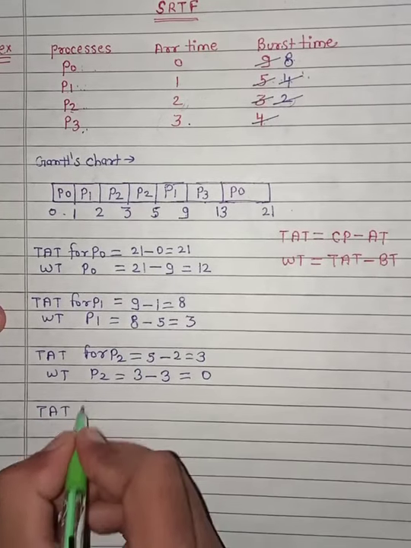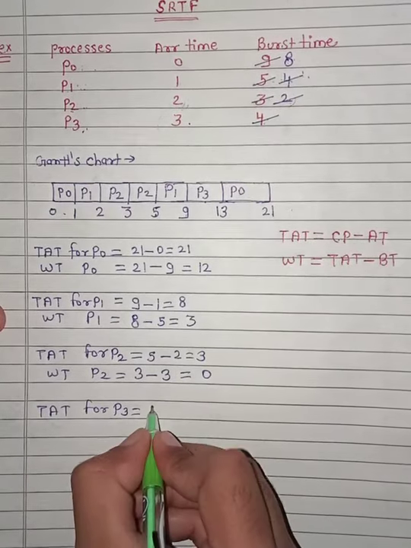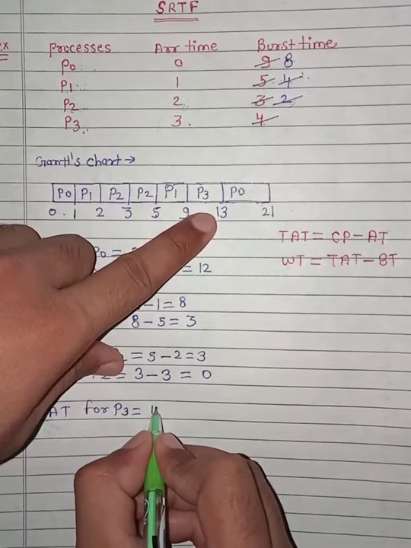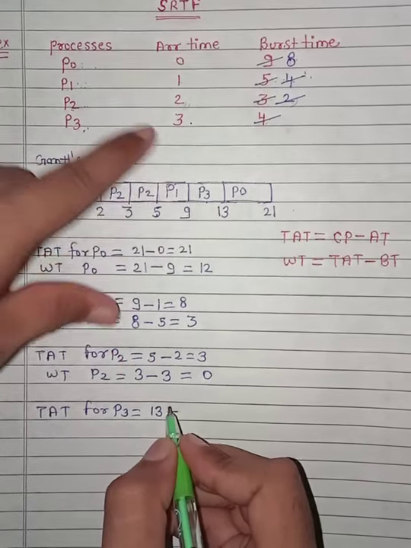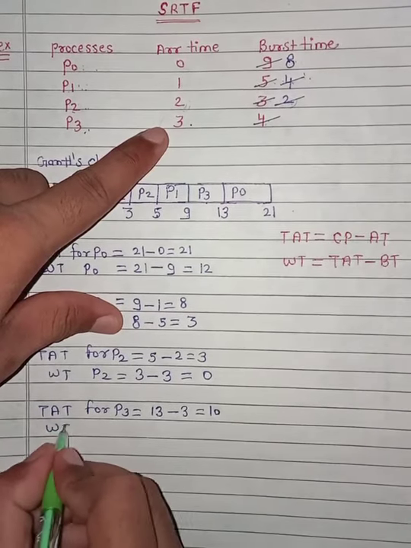Now turnaround time for P3. Completion time of P3 is 13 minus arrival time 3, and then the waiting time.